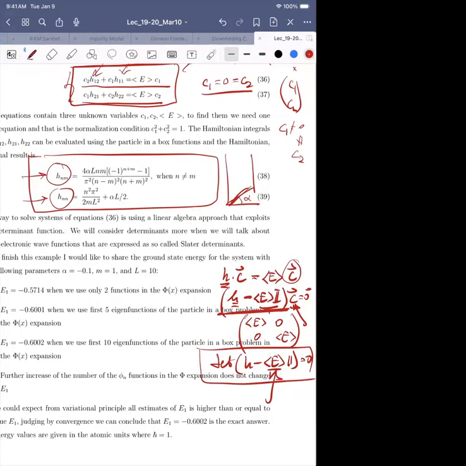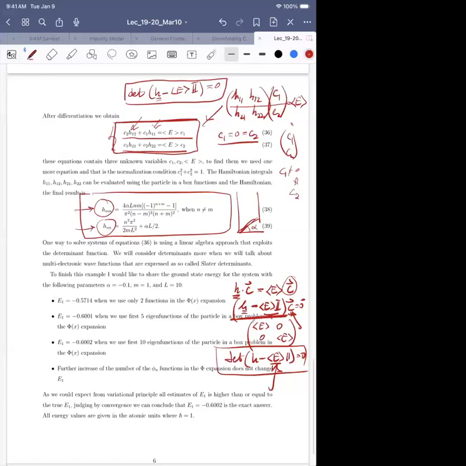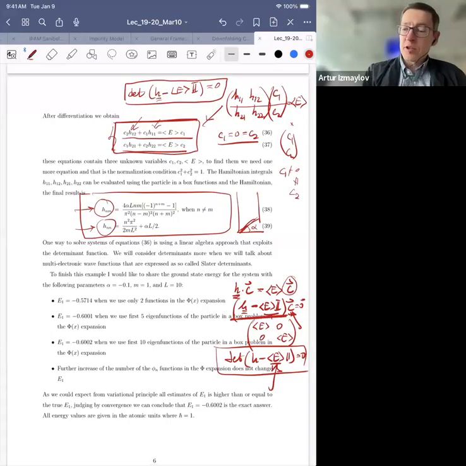So the determinant is 0 if the solution is non-trivial? That's right, yes. In order to have a non-trivial solution, the determinant needs to be 0, because if there is no linear dependency, then the only solution could be 0.